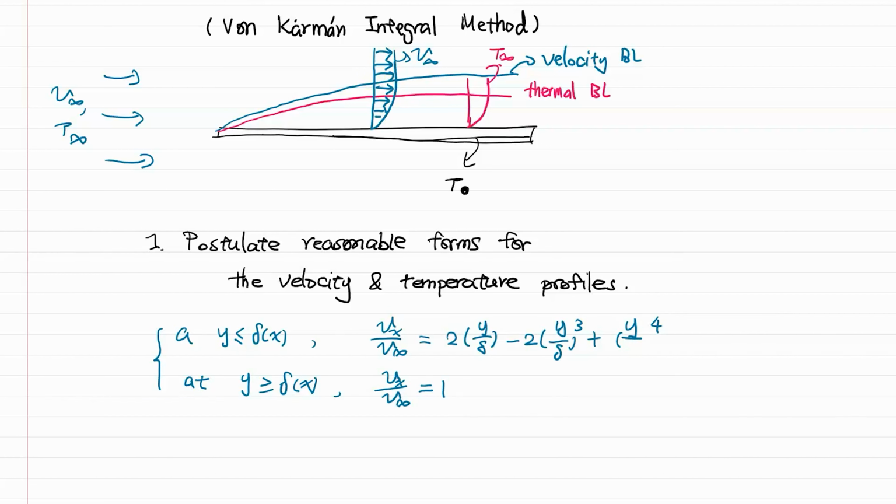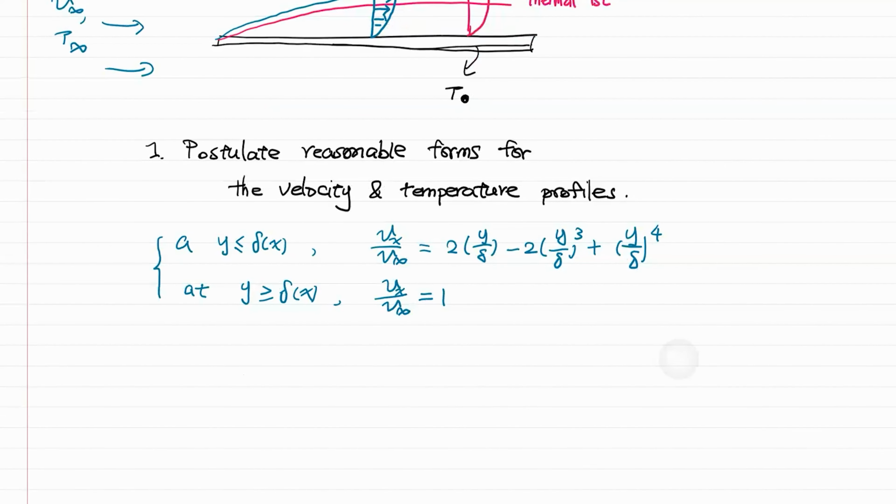Looking at the boundary conditions, Vx over V infinite equals 0 at the wall and equals 1 at the outer edge.